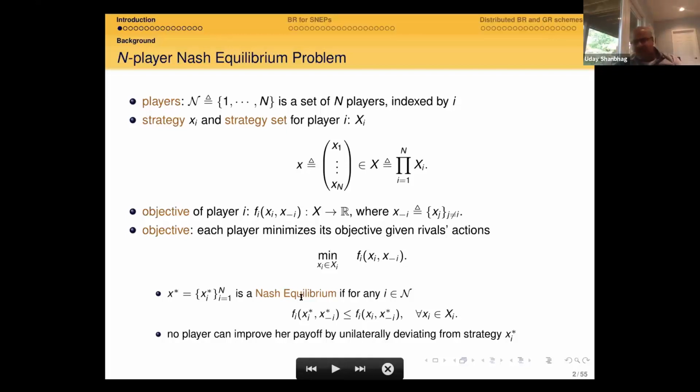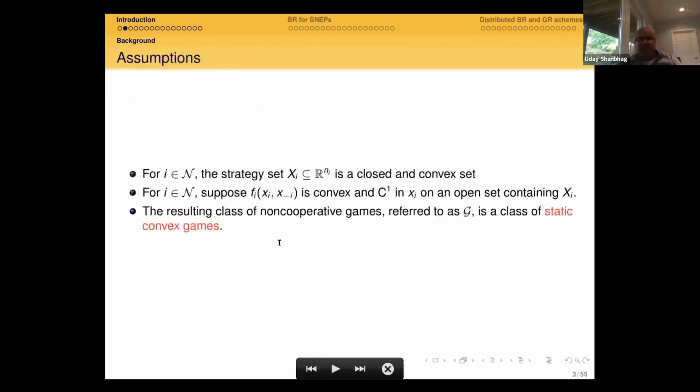This audience is already fairly knowledgeable in terms of the fundamentals of games. So we're looking for a Nash equilibrium, which satisfies the Nash requirement. And for purposes of this talk, I'm going to be imposing requirements that X sub i is closed and convex, and f sub i is convex in x sub i on an open set containing capital X sub i.